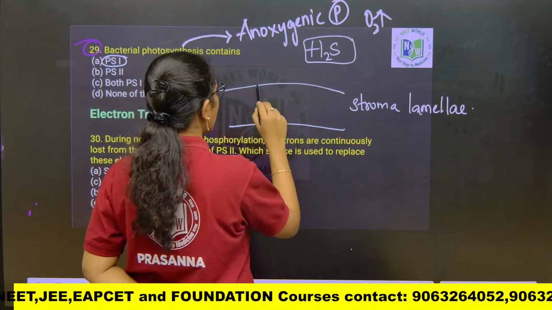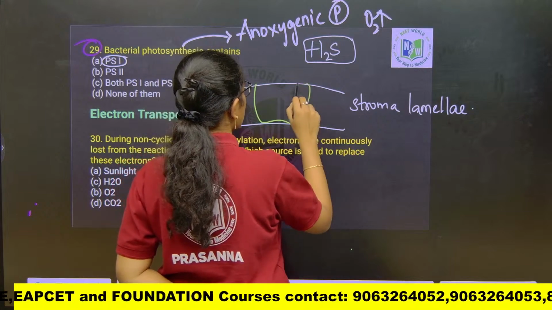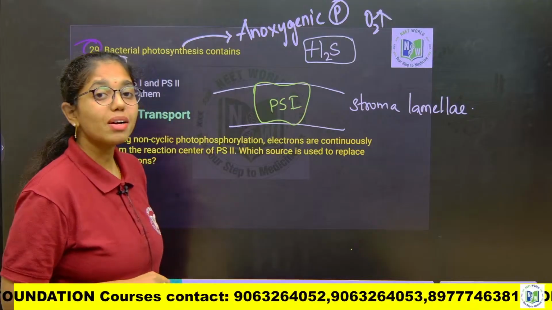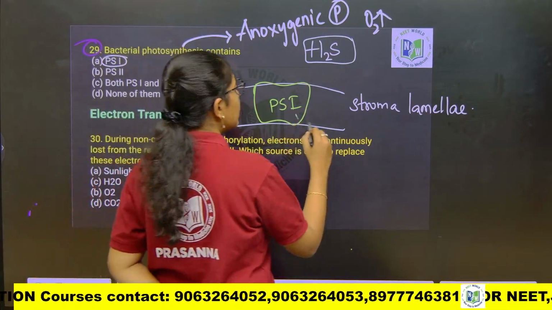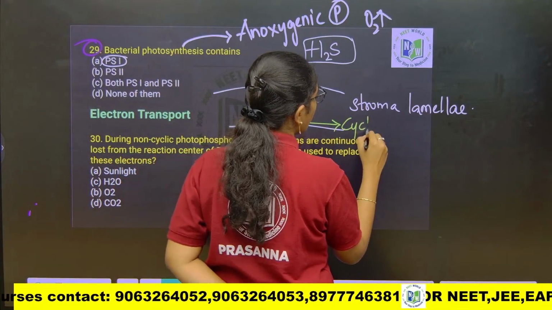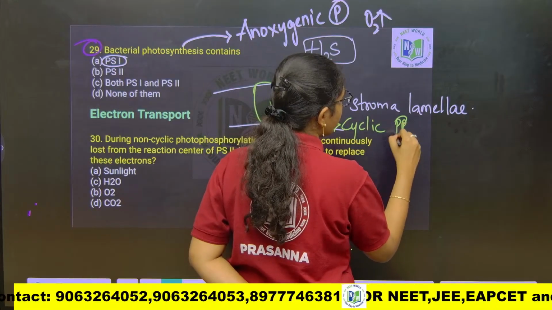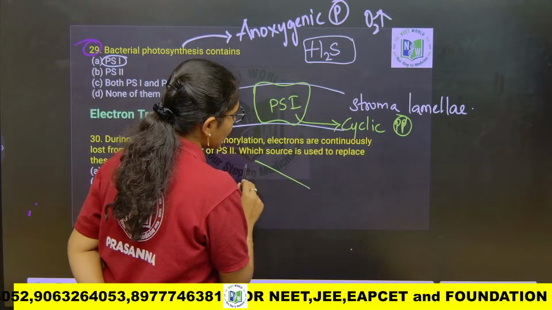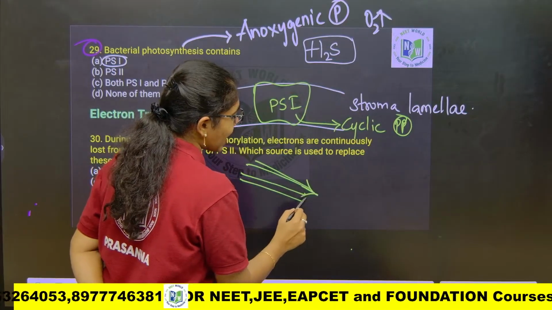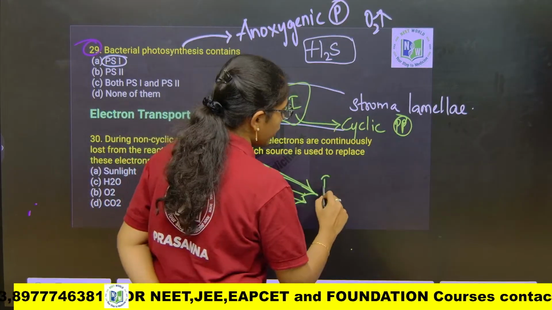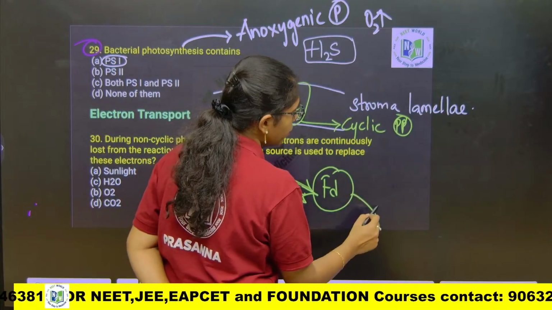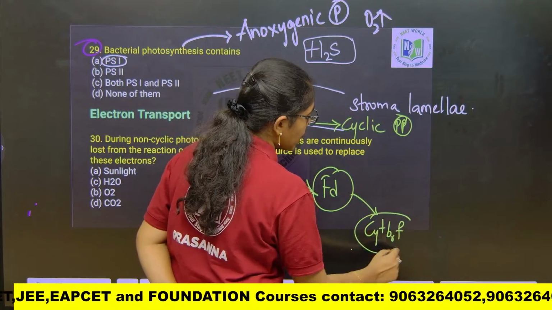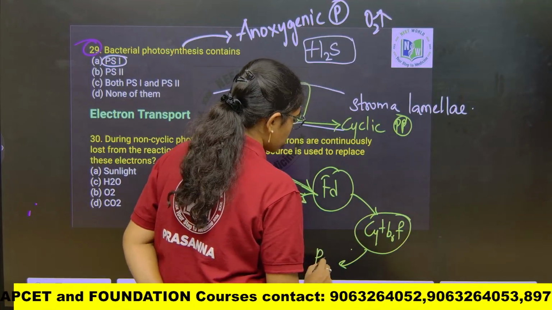Photosystem 1 will be present above the stroma lamellae, and this photosystem 1 will be conducting cyclic photophosphorylation, wherein the sunlight in the form of photons is accepted by ferredoxin, which passes to the cytochrome B6F complex and then to plastocyanin.